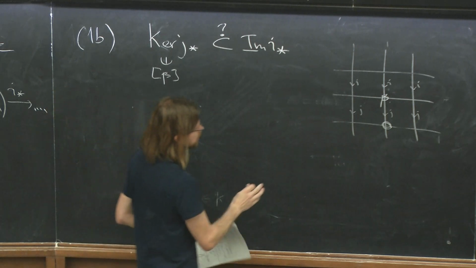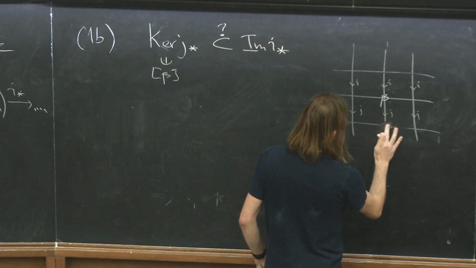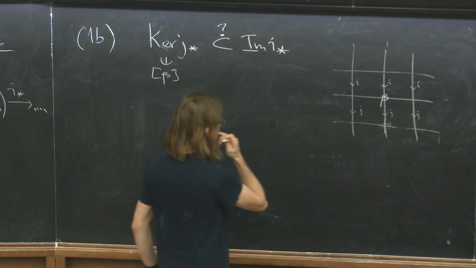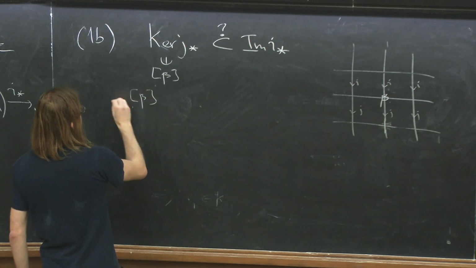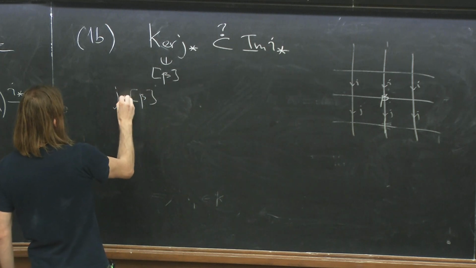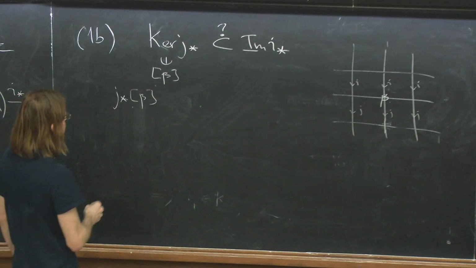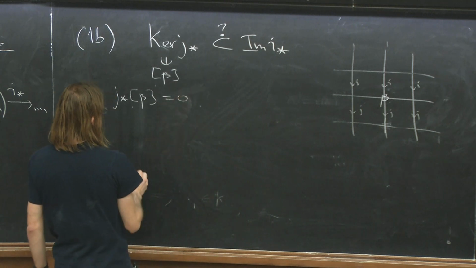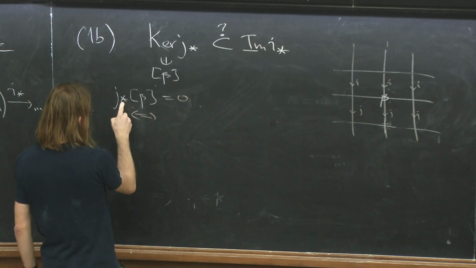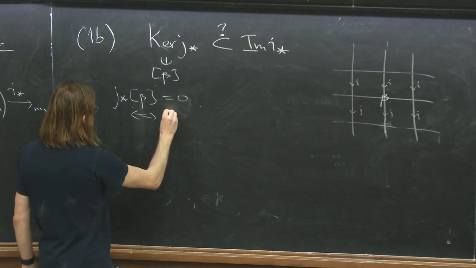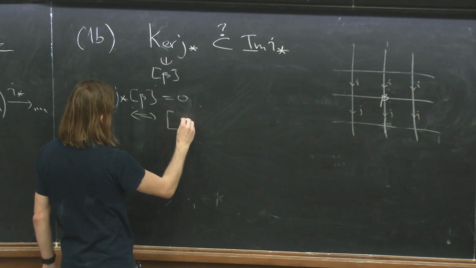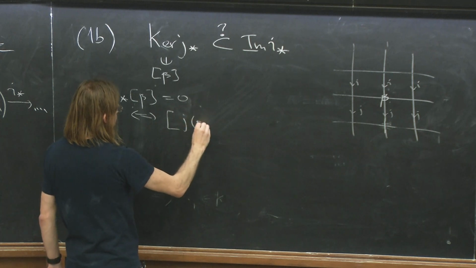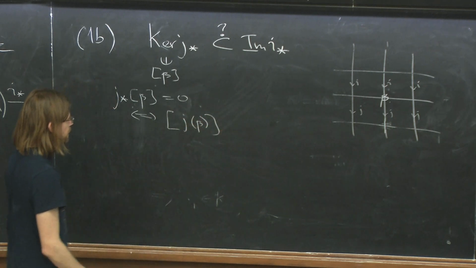Sorry, it was fast. So we know that the class of beta is in the kernel of J star. This means that it's sent by J star to 0. But what is the definition of J star? To calculate J star of this class of beta, we take the class of J of beta.